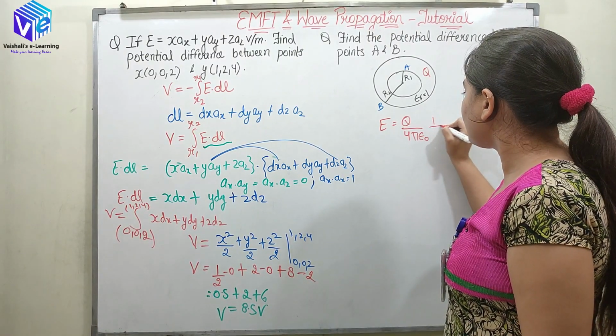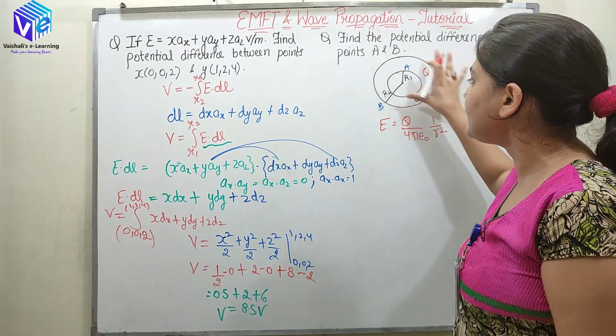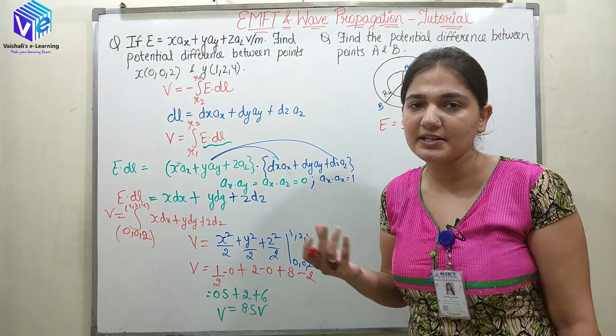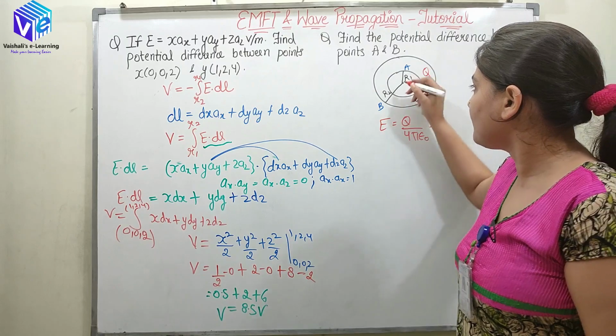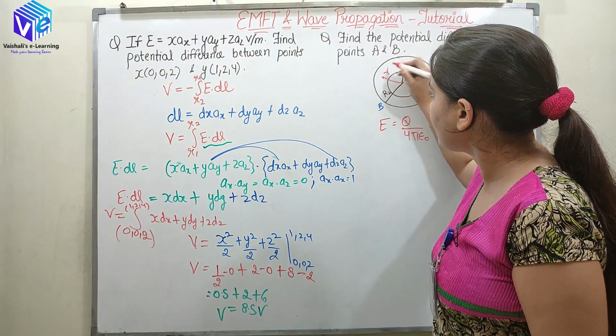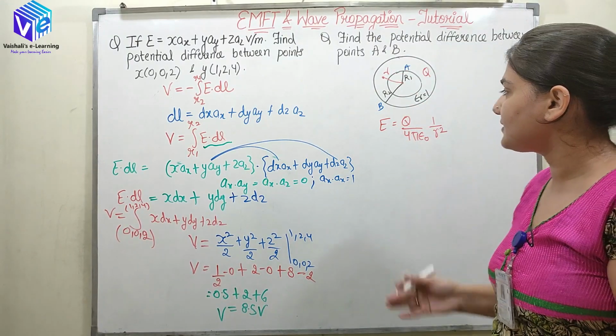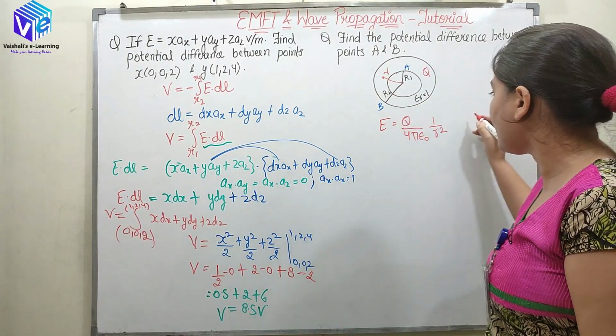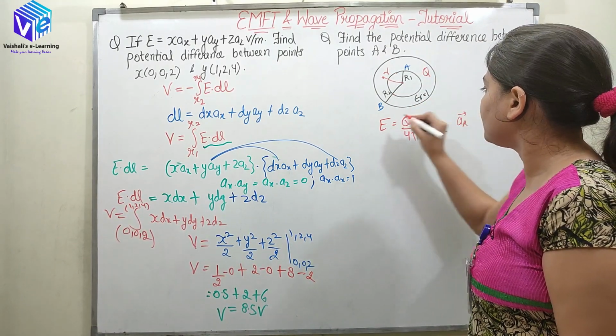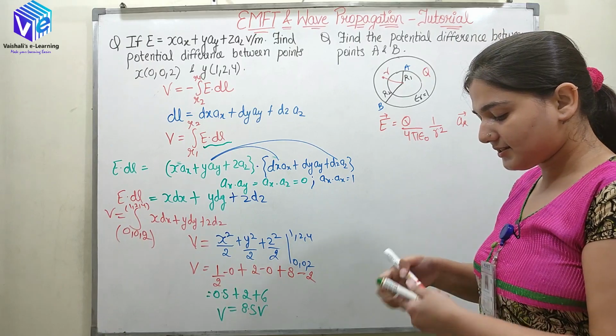It is multiplied with 1 upon r square. At any instant, if I need to find the electric field, I am taking any radius r. So electric field is given by this formula and it will be having some direction as well.